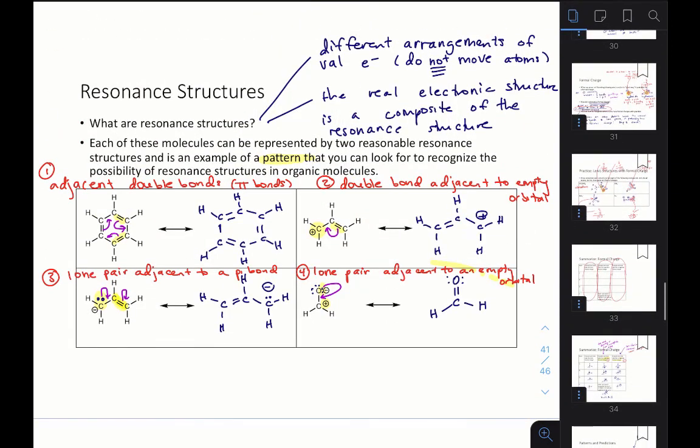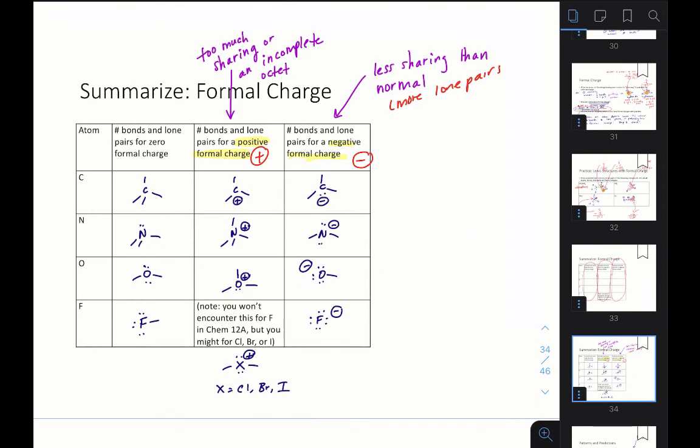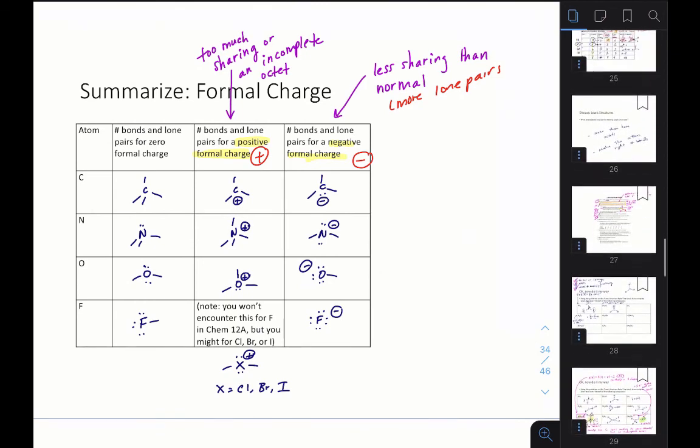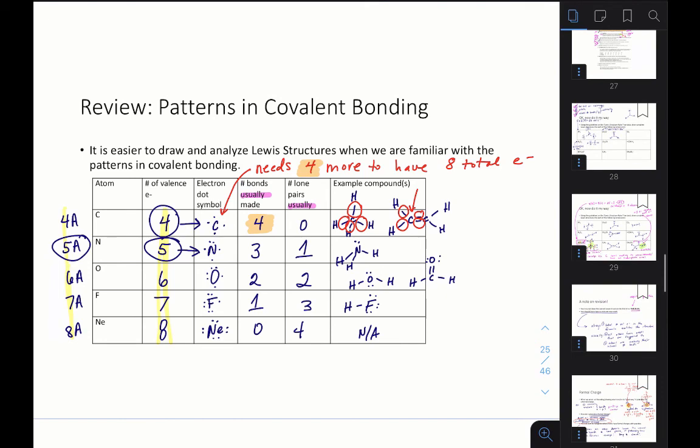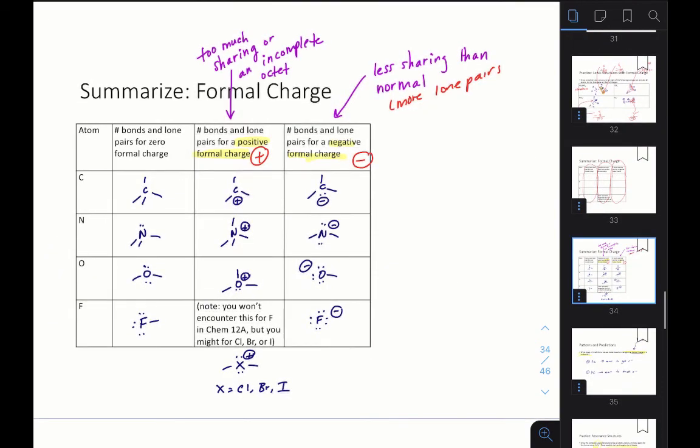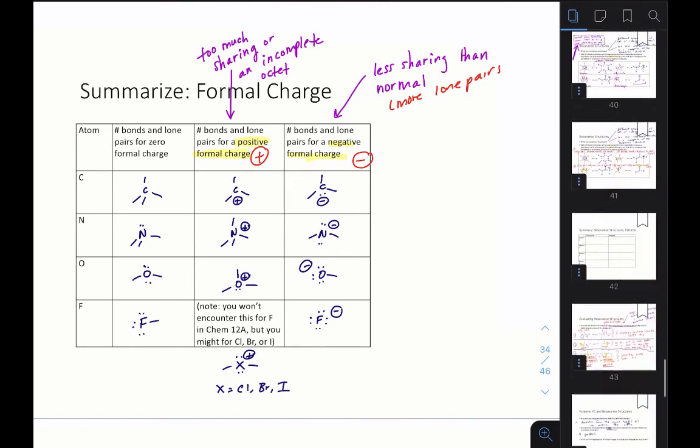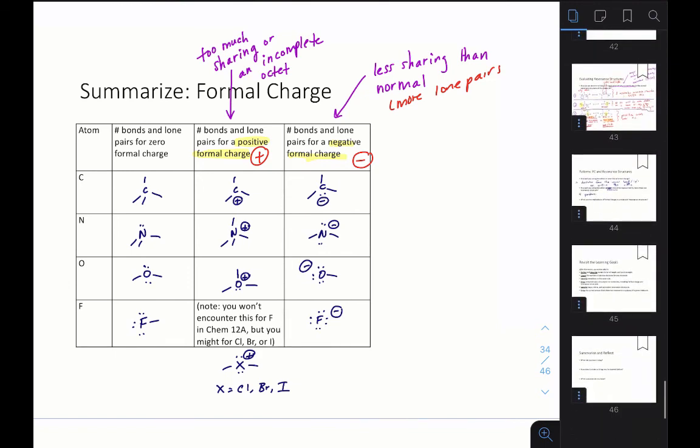And we have our formal charge table, but really this one's not quite as important as just recognizing the normal patterns of bonds and lone pairs. Because you really don't have to memorize this one. It's just a thought exercise because you know how to calculate formal charge now, or you will after you study.